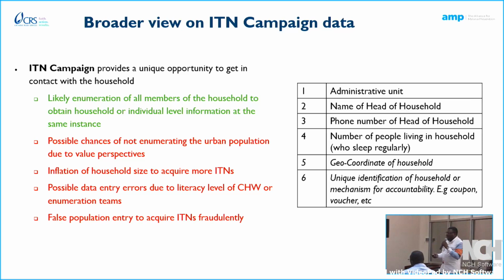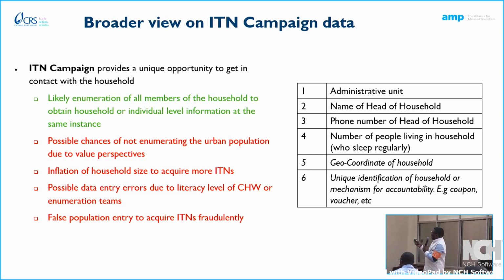And in most cases, we have the number of people living in the household. I think in that context it is the people that sleep regularly in the household. Then we have the geo coordinates, which is for a digital campaign. And we also have the unique identification of the household as well, if it's a digital campaign. So in some contexts, we use the voucher as well to link with the household ID as a mechanism of accountability and all.